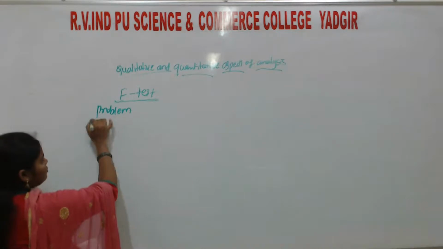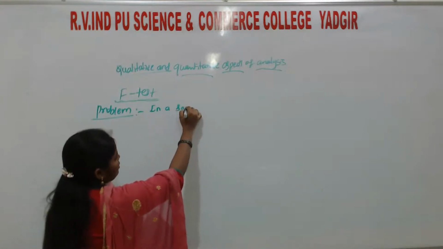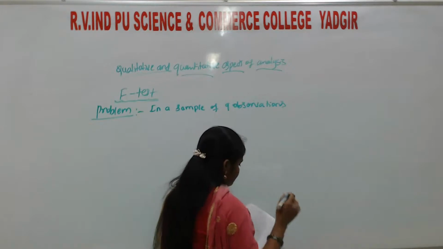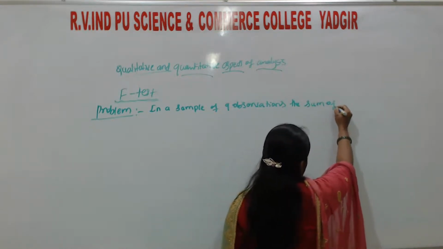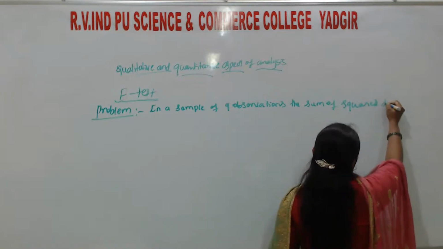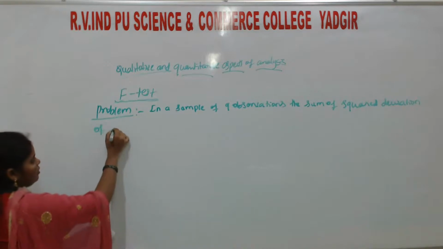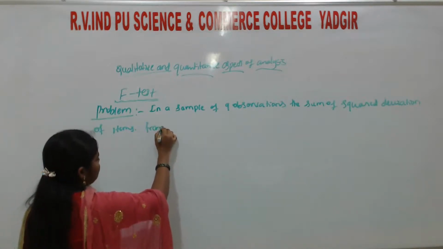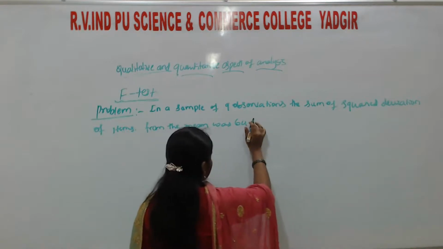Problem: in a sample of 9 observations, the sum of squared deviation of items from the mean was 64.